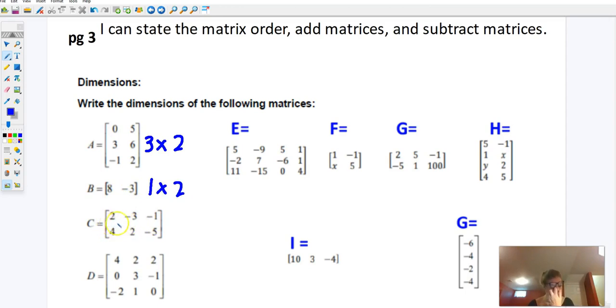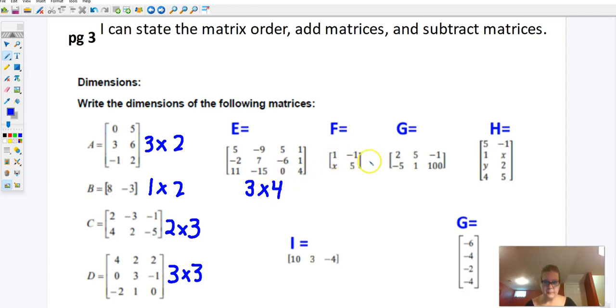Matrix C here has 1, 2 rows, and 1, 2, 3 columns. Matrix D has 3 rows, and 1, 2, 3 columns going up and down. Matrix E has 1, 2, 3 rows, and 1, 2, 3, 4 columns. So that's a 3 by 4 matrix. Matrix E is a 3 by 4 matrix.